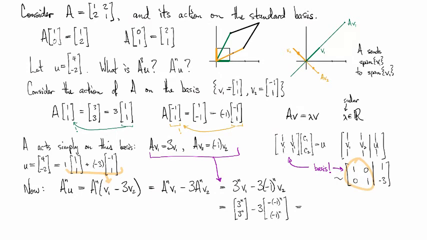So this is going to be 3 to the n plus 3 times negative 1 to the n, and 3 to the n minus 3 times negative 1 to the n. You could write that down very easily for any n that you choose.